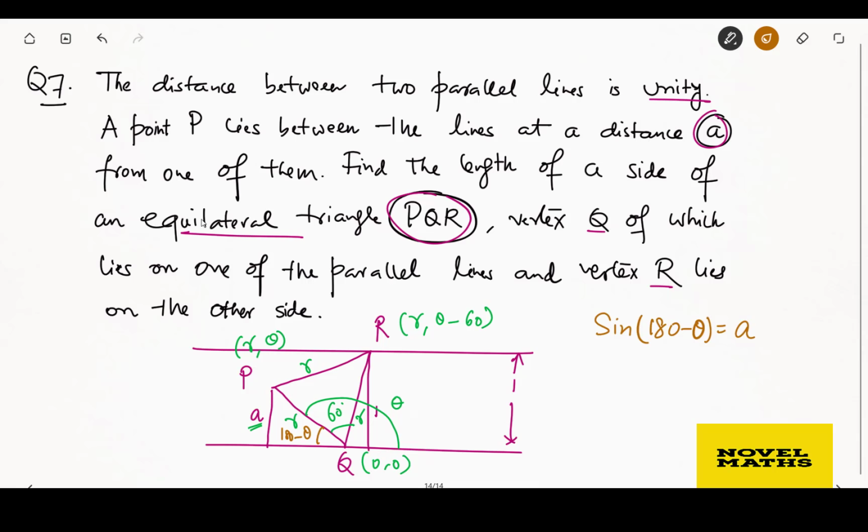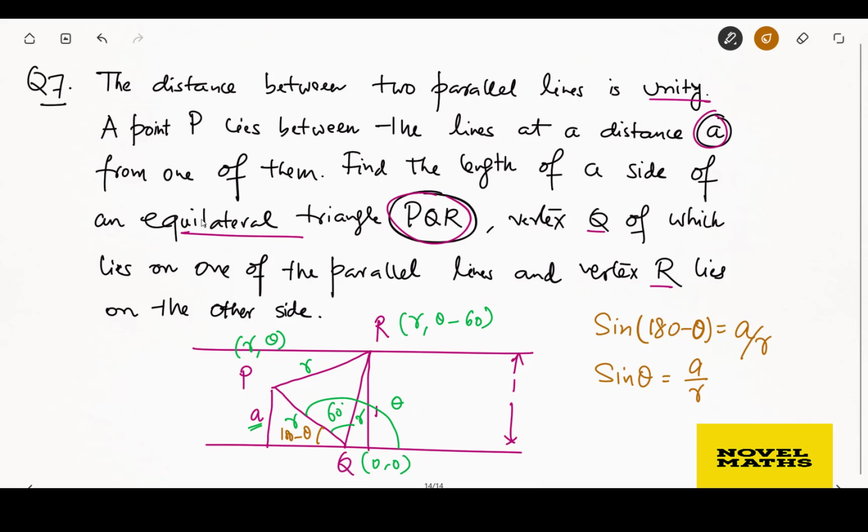Sine of theta and 180 minus theta is the same, so sine theta is A over r.